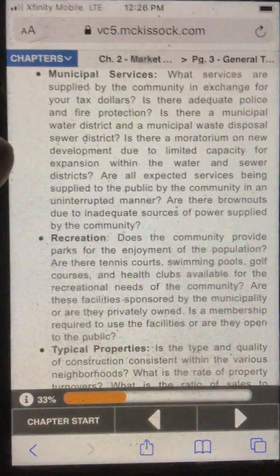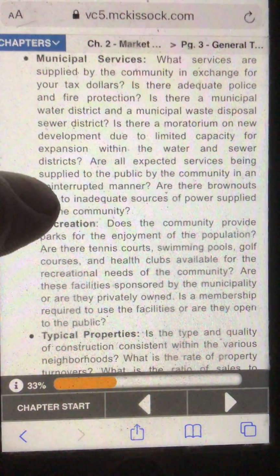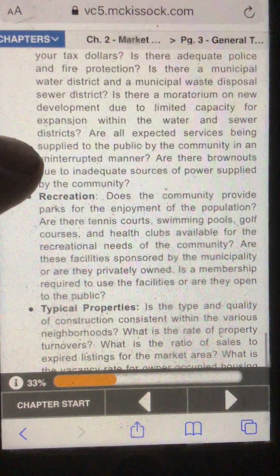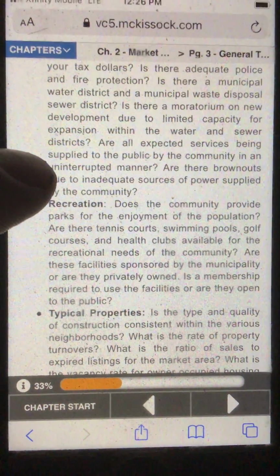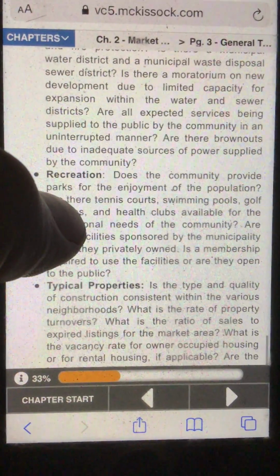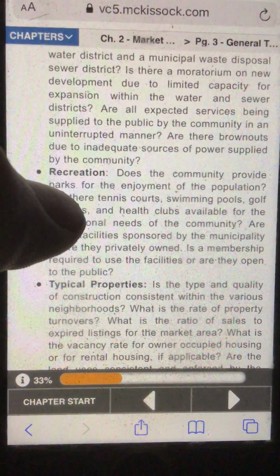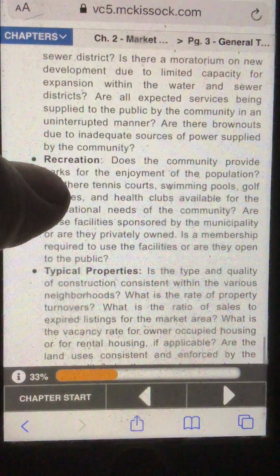Municipal services. What services are supplied by the community in exchange for your tax dollars? Is there adequate police and fire protection? Is there a municipal water district and a municipal waste disposal sewer district?